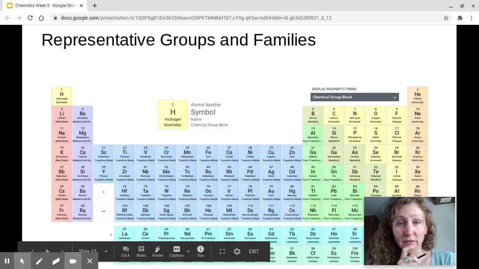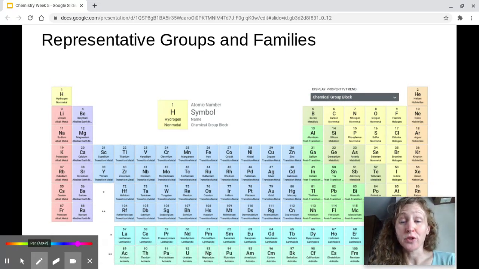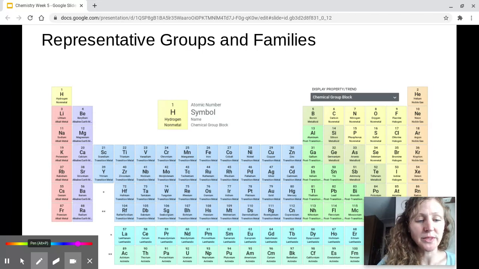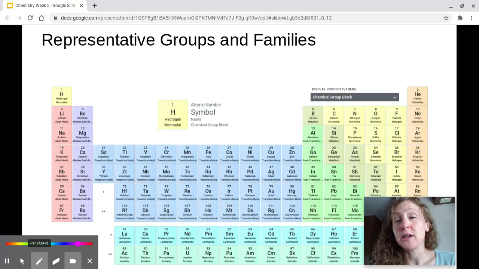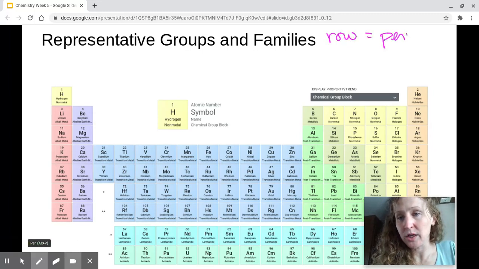Representative groups and families. So on this slide, we're just going to look at the representative groups. We're not looking at the transition elements. We're not looking at the intertransition elements. We're just looking at the representative groups. And so when we're talking about the periodic table, as we've talked before, rows on the periodic table are called periods.